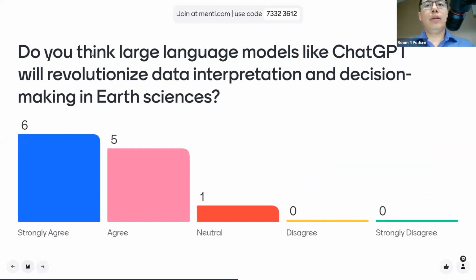Remote sensing satellite data is just an input to the numerical model, or they assimilate the different data products into one to do the final analysis, interpretation, and decision making. It seems most people strongly agree with this. That's awesome.